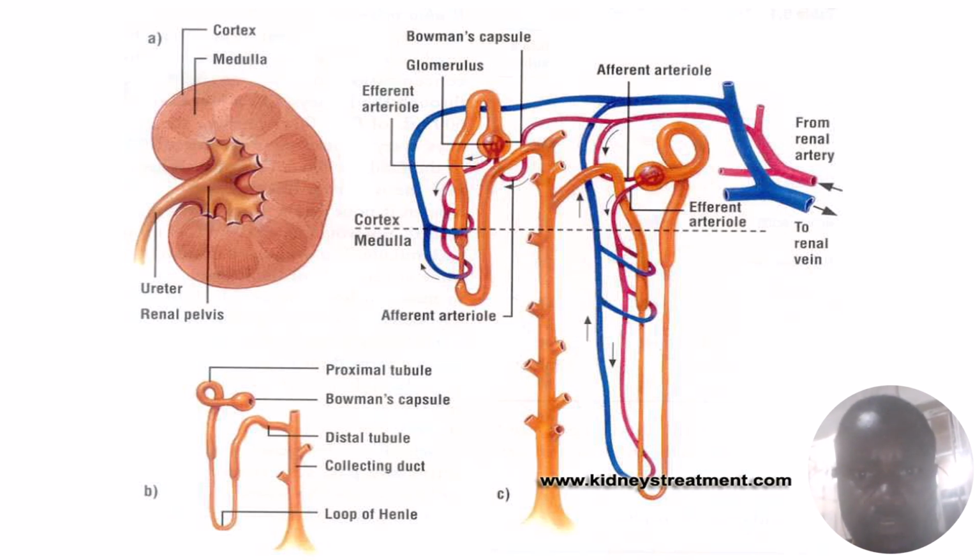So if you notice, we have the glomerulus developing from blood vessels, and then we have the tubule system developing from the Bowman's capsule. The first part is the proximal tubule, and then we have the descending and the ascending portions of the loop of Henle that ends in the distal convoluted tubule, and then the collecting ducts.